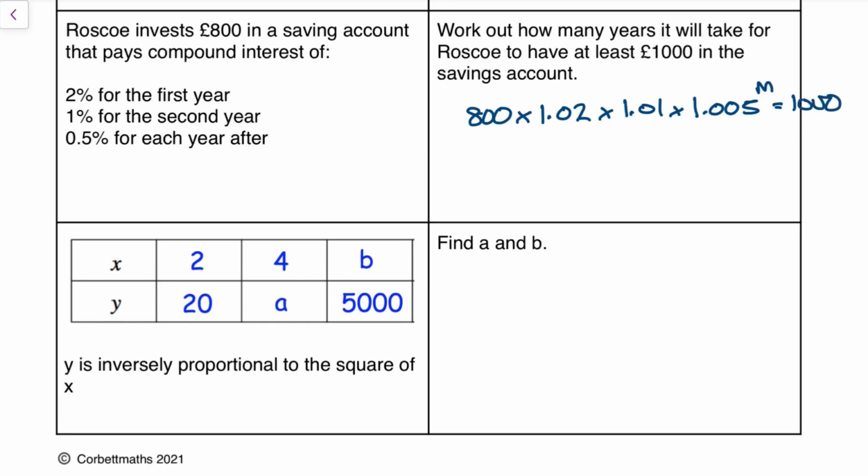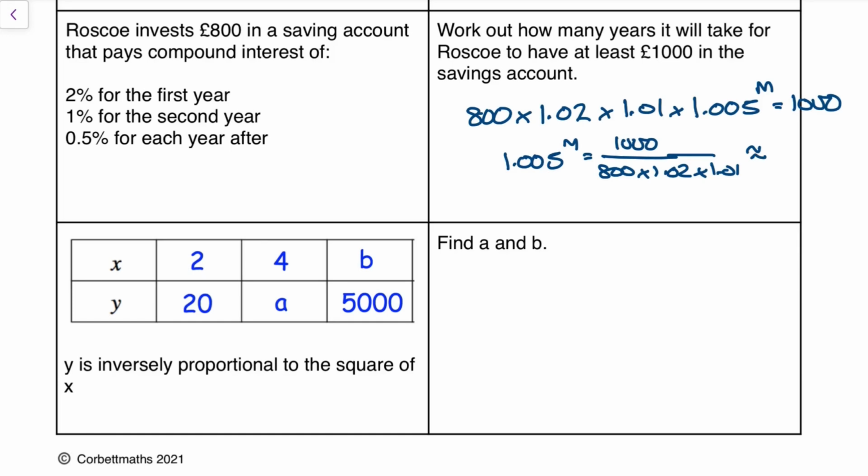Now we can start fixing this, can't we? So I can say 1.005 to the power of m is equal to 1,000 over 800 times 1.02 times 1.01, which is approximate.